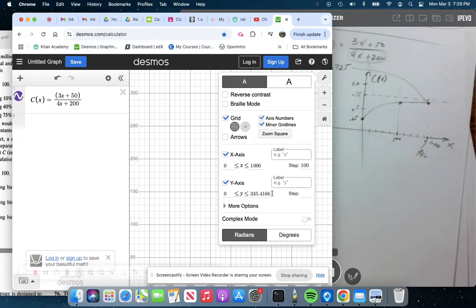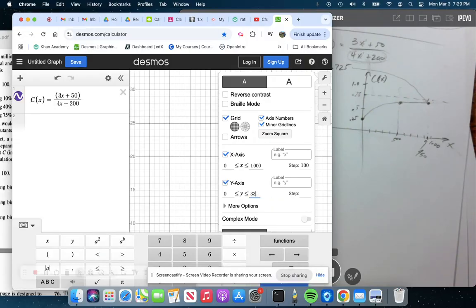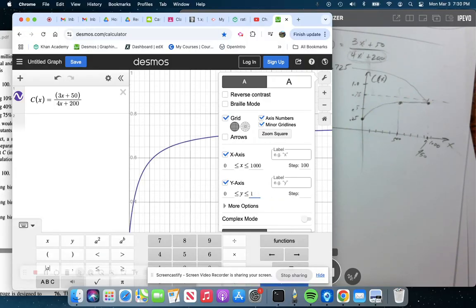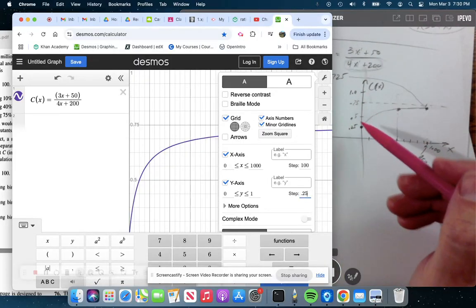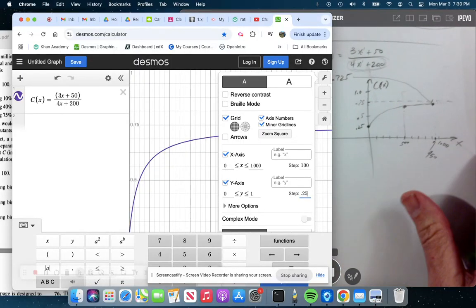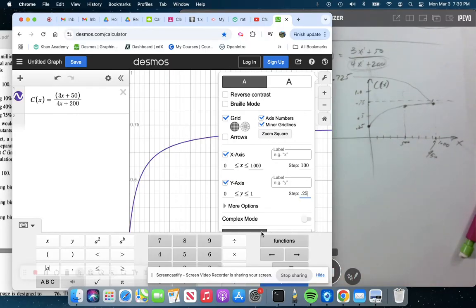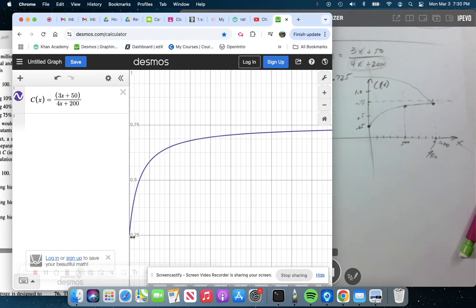So 1. And we'll mark that by 0.25, just kind of the way I did it here: 0.25, 0.5, 0.75, right? So let's see if that works. There it is.